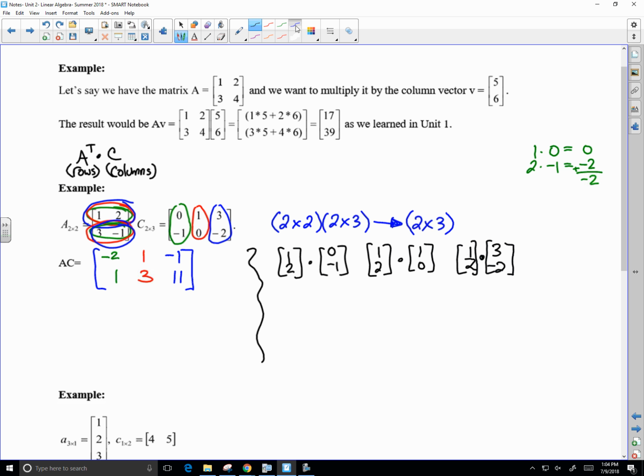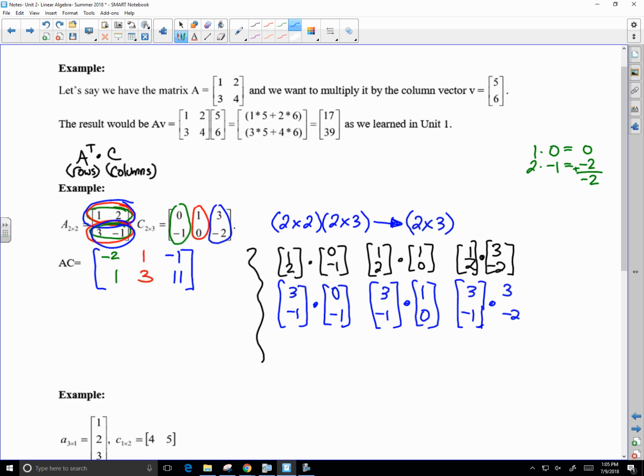Then doing the same thing with the bottoms. So 3, negative 1, 3, negative 1, 3, negative 1. So I have 0, negative 1, 1, 0, and 3, negative 2. So each of those dot products, so transpose of each of the two rows, multiplied by each of the columns.